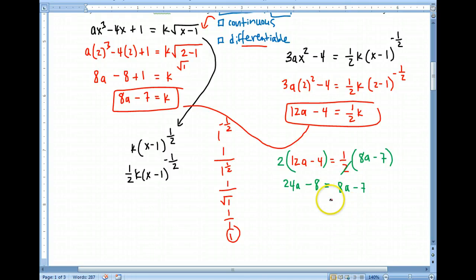Put the a's together. So I'm going to do minus 8a. And what else can I do in the same step? Add 8.